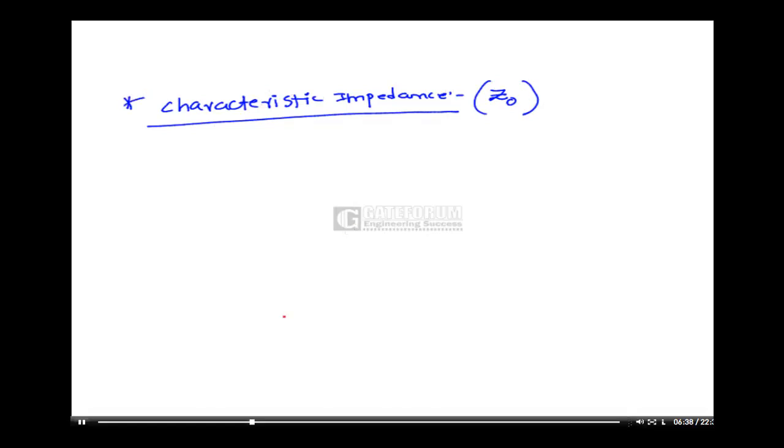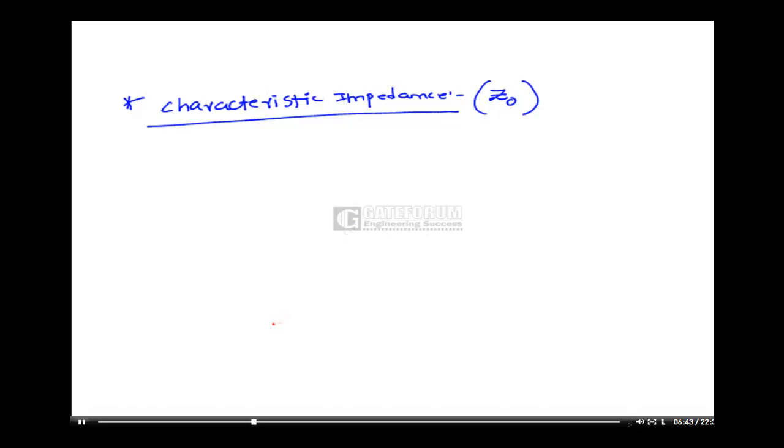Another important parameter is characteristic impedance. It is indicated by Z0. Characteristic impedance. This is one of the important parameters of a transmission line.